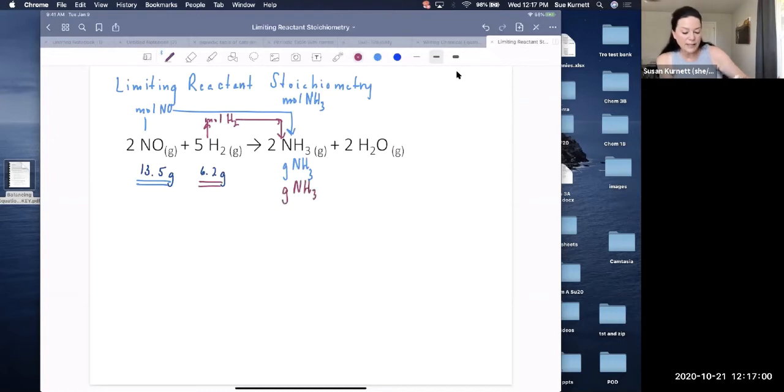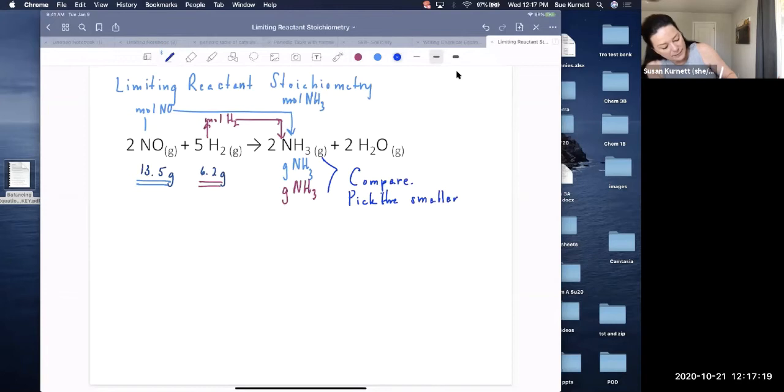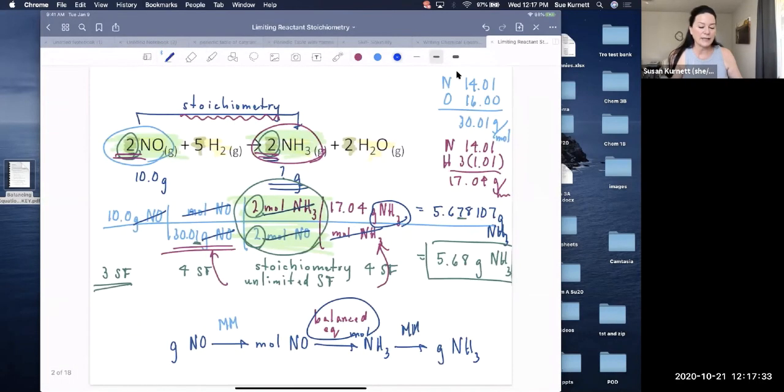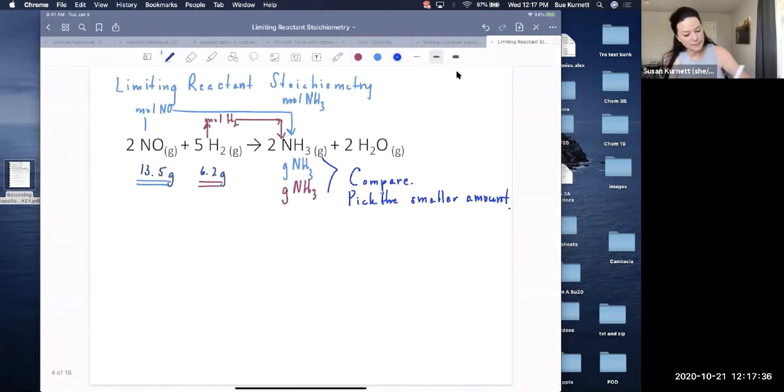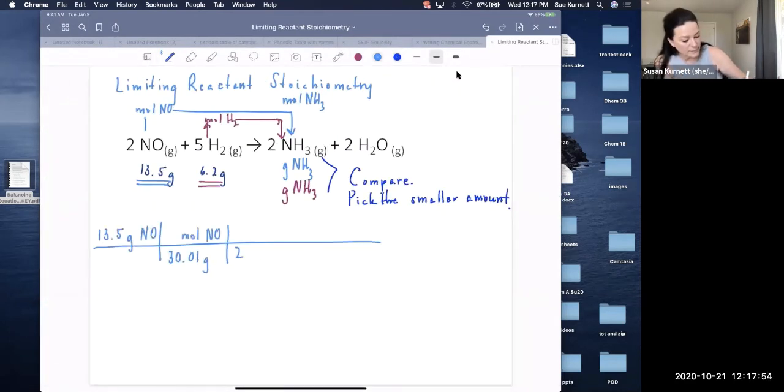And then I compare the 2 answers. Whichever is smaller is the right answer, and whichever produced the smaller amount is the limiting reactant. So that's what I'm going to do, just that whole grams to moles to grams step, like I did here, but I'm going to do it twice.